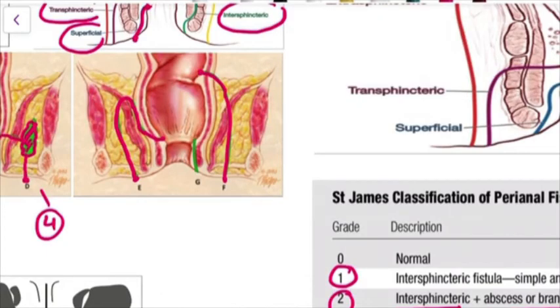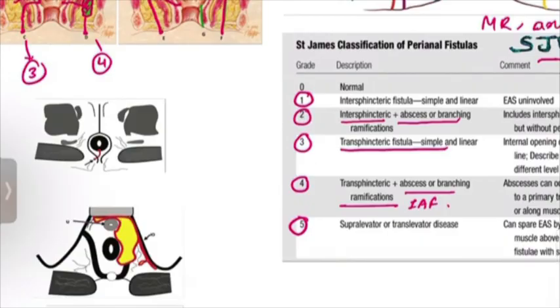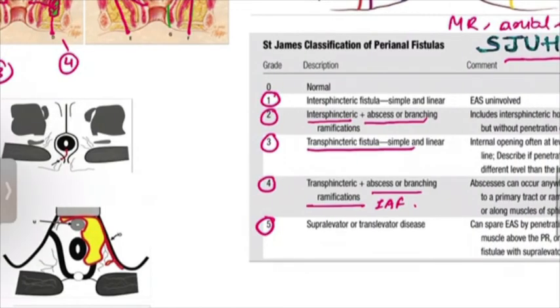So what we see is that SJUH classification types 1 and 2 are involved in Park's intersphincteric one.